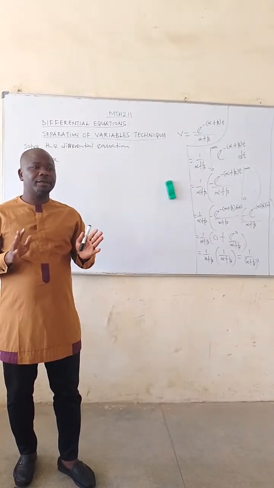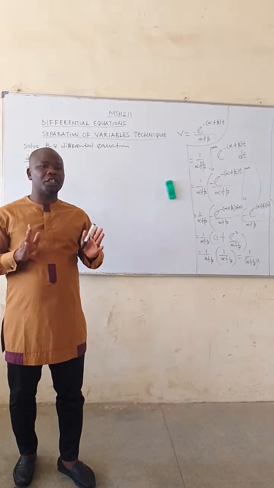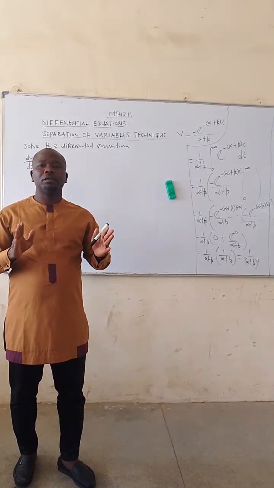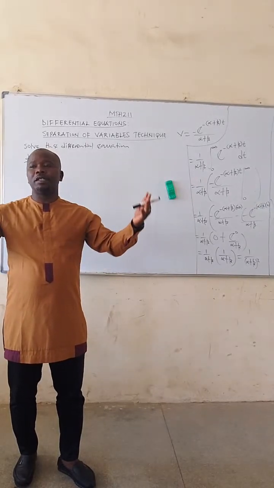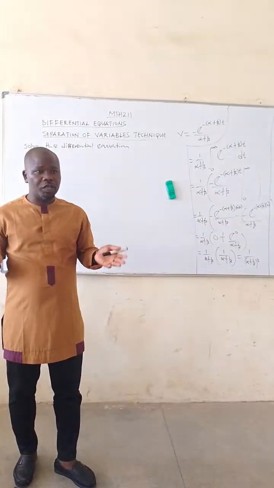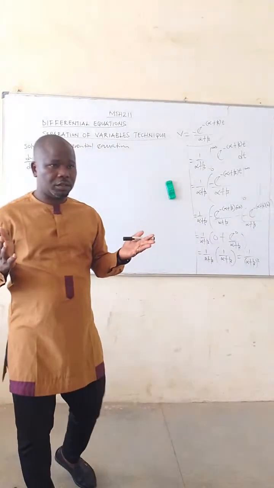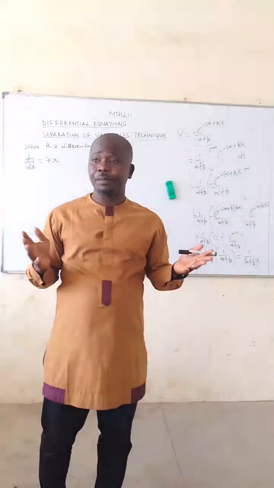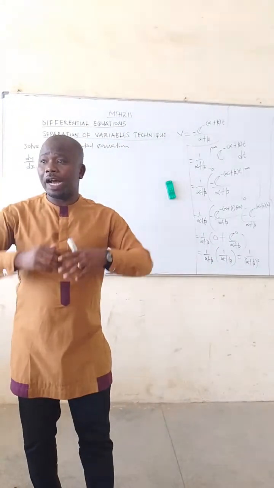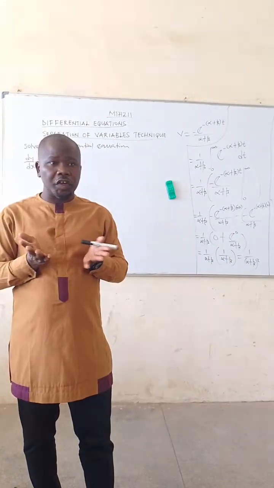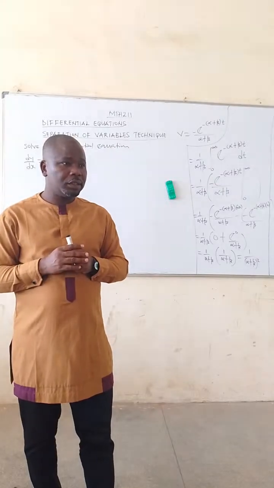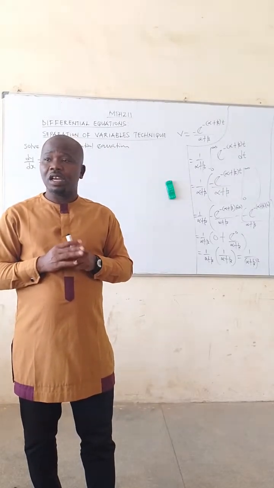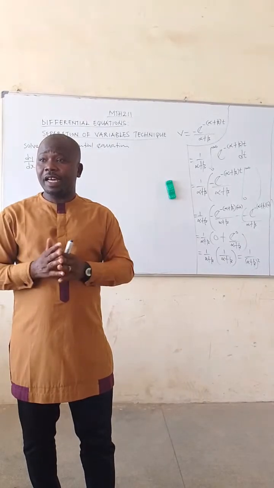The separation of variable method is like this. Since you are in your class, A, B, C, D, if you are gathered in a particular domain, they may say separate yourselves.